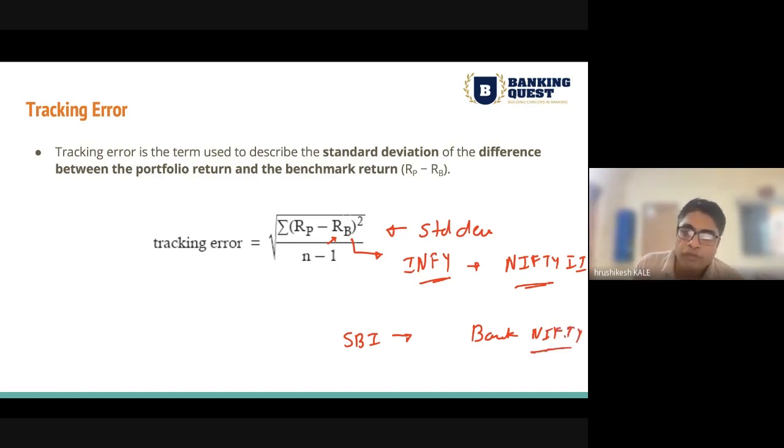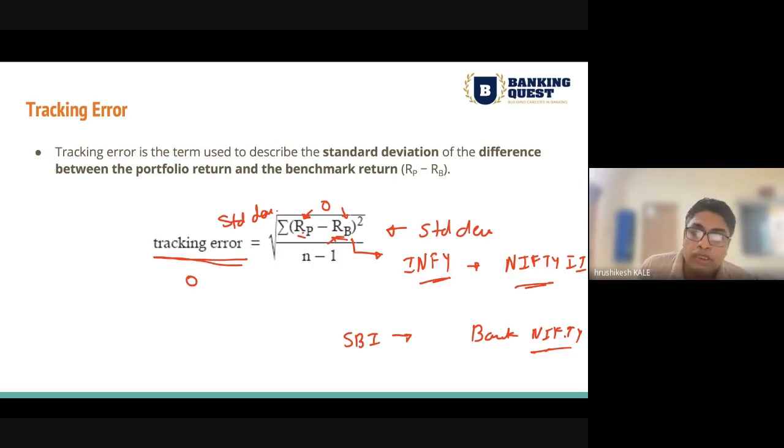So you calculate tracking error, which is nothing but standard deviation with respect to the returns of the benchmark. And that is called tracking error. It tells you how far away your portfolio returns are from your benchmark. So if your return of portfolio and benchmark are the same, your tracking error will be 0.